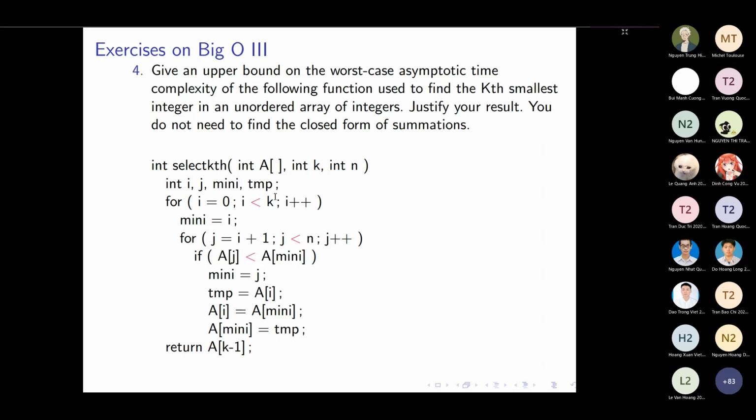And in the worst case, you can see the largest value of k should be n, because you cannot find the k plus 1 smallest integer in an array of k elements, right? So the answer here is good. That's correct. Do any of you have any problem with this exercise?